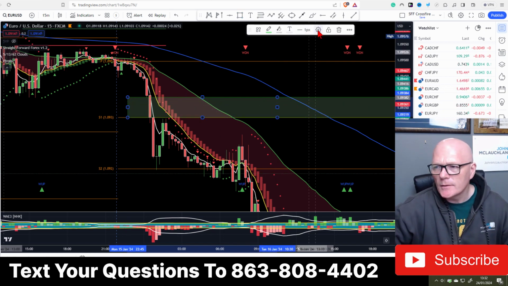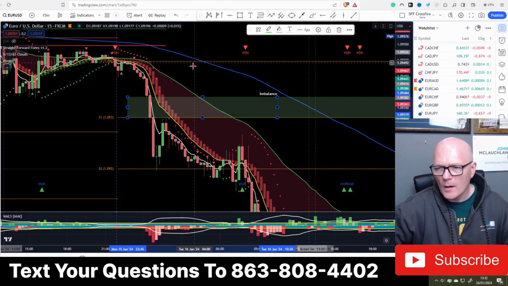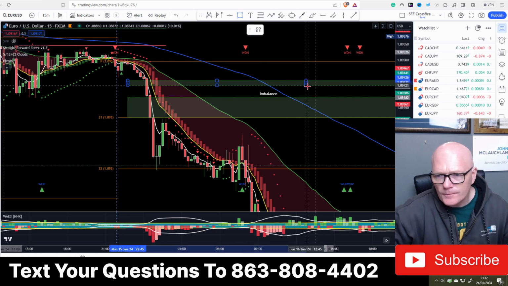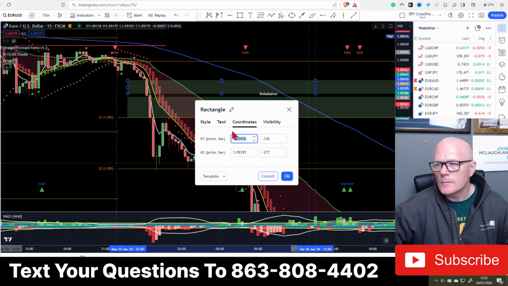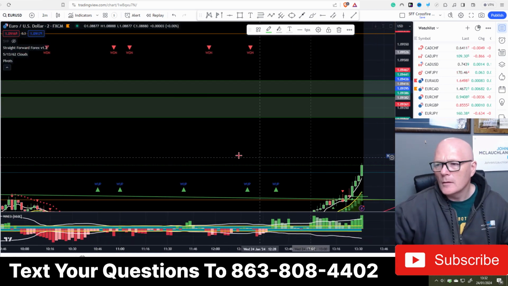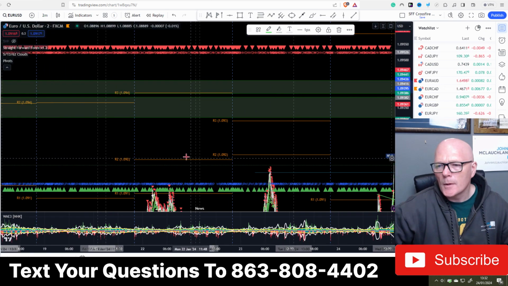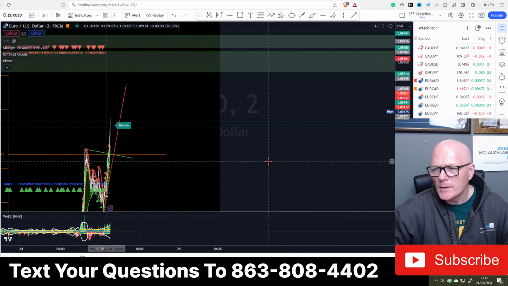And there's imbalance, I'll put there. And there is imbalance a bit further up, just here. I'll just leave that as it is. Messing about with TradingView.